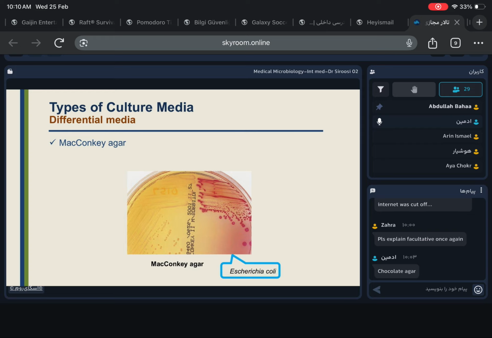So differential media contain ingredients, and by using those ingredients, you can differentiate between different types of bacteria. A good example, again, is MacConkey agar, which is a selective and also differential medium.